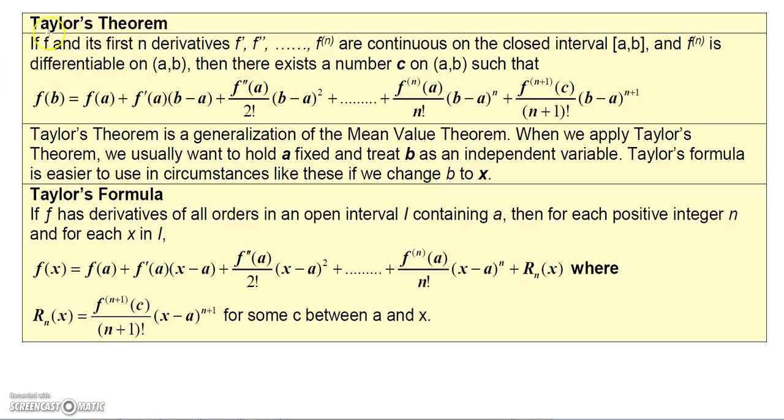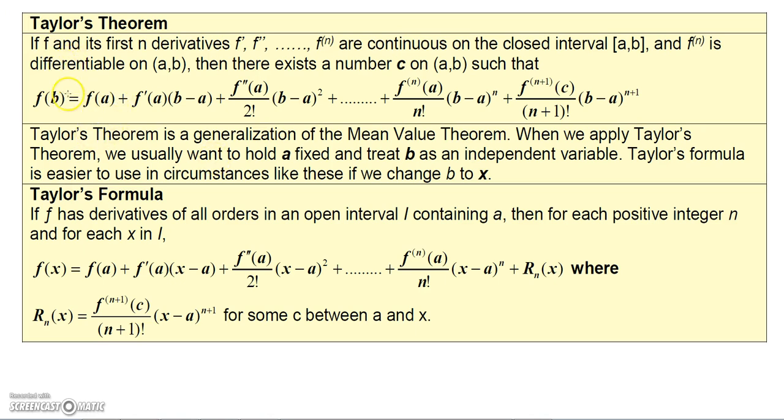Taylor's theorem basically says this: if f and its first n derivatives, f prime, f double prime, and so forth, out to the nth derivative, are continuous on the closed interval from a to b, and the nth derivative is differentiable on a to b, then there exists a number c on (a, b) such that f of c, I believe this should say f of c.